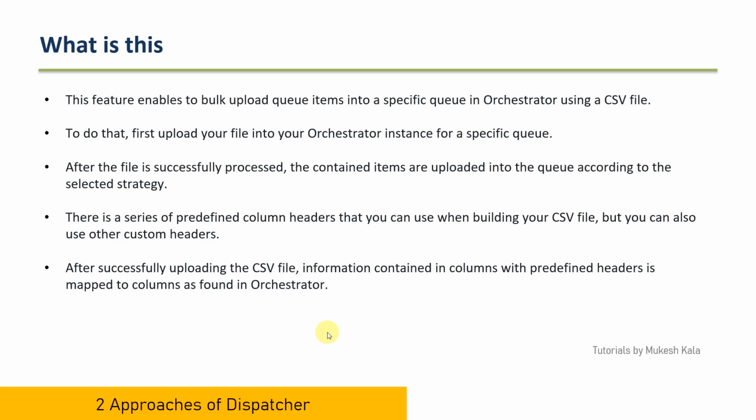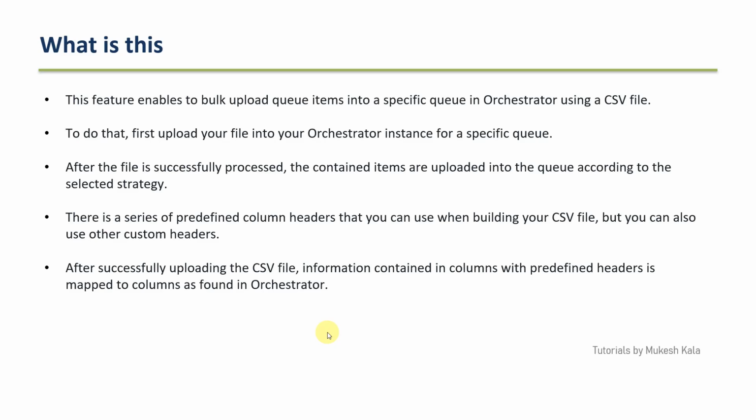The first approach is I can load all the items one by one, or the second is we can use an activity called bulk add queue items, which simply means that you can add the complete data table to the queue. So if I have an Excel with, let's say, 100 items and I do not want to add them one by one, I can simply use that activity and add all of them to the queue, right? That also we have seen in some of the use cases.